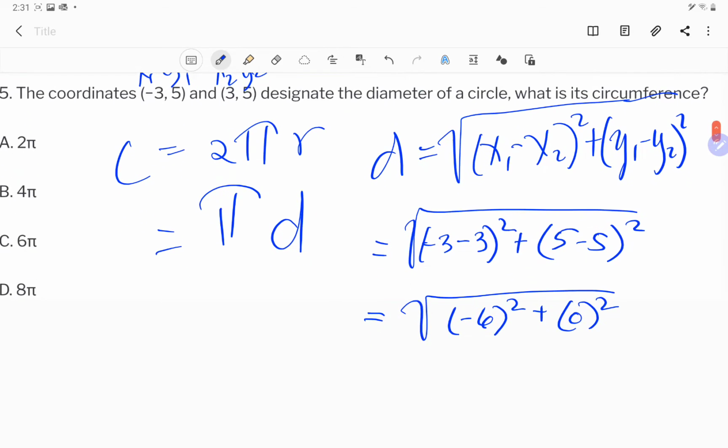Next, we have the square root of 36 plus 0, which is the square root of 36, which is equal to 6. That means your diameter is 6.